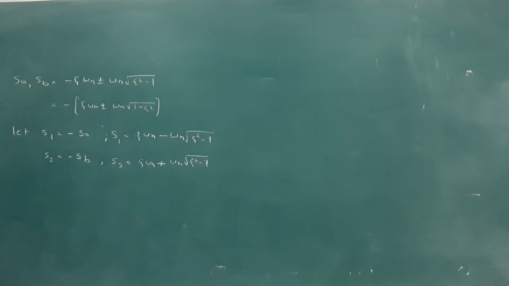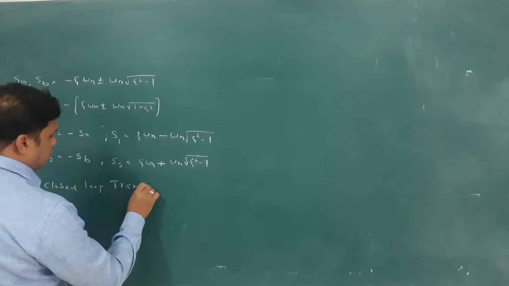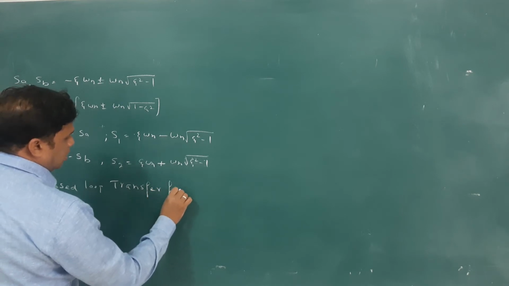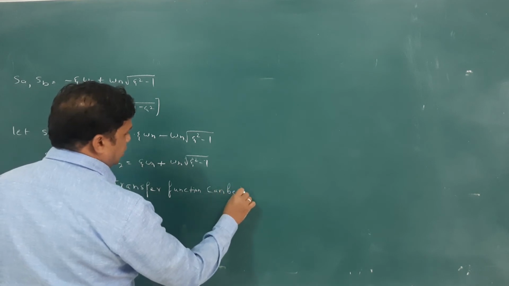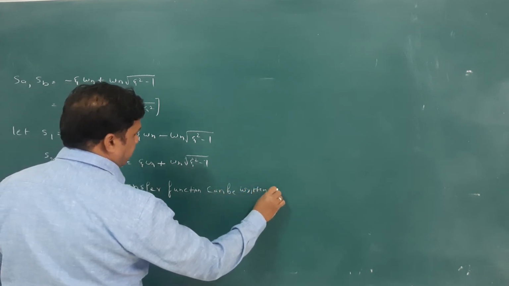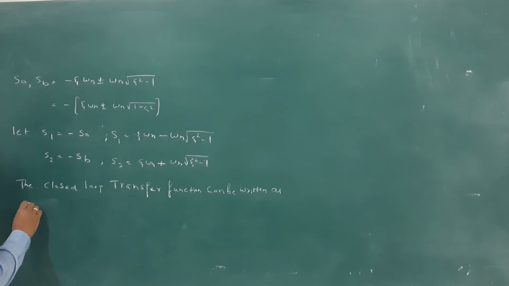So these are the two values S1 and S2, and now the closed loop transfer function can be written in terms of S1 and S2.